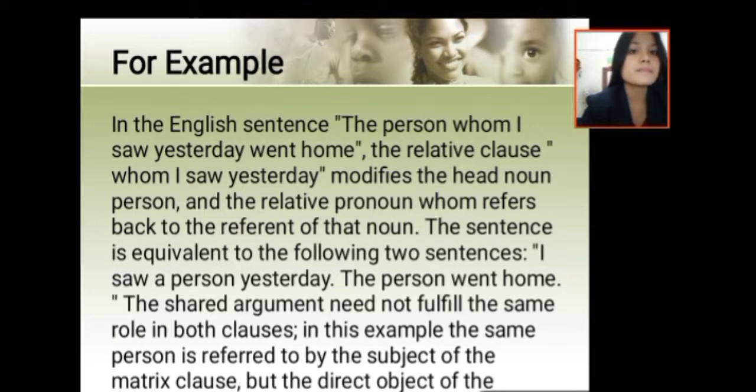"The person went home." The argument need not fulfill the same role in both clauses. In this example, the same person is referred to by the subject of the matrix clause, but the direct object of the relative clause.